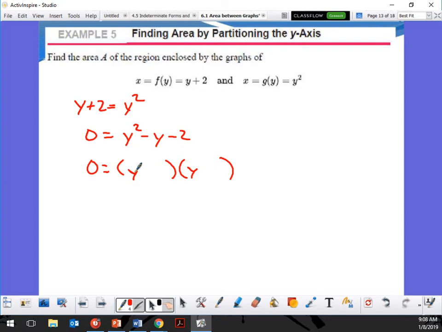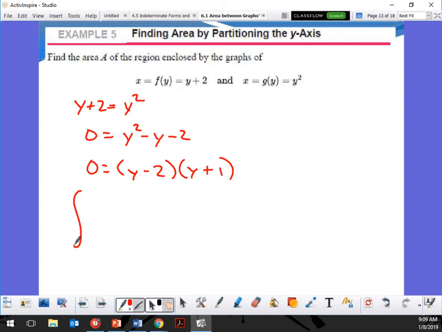What does it factor out to be? y minus 2 and? Okay, so that means y is 2 and y is negative 1, right? Okay, so those are the two places that it's actually going to intersect. So negative 1 and 2. So I know that it's going to be enclosed in there, right?